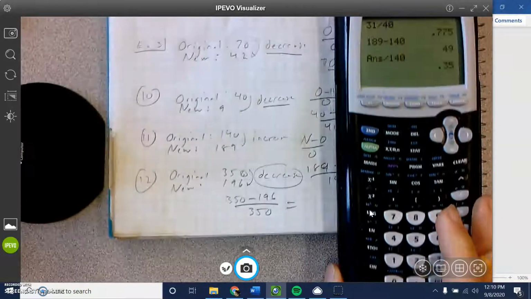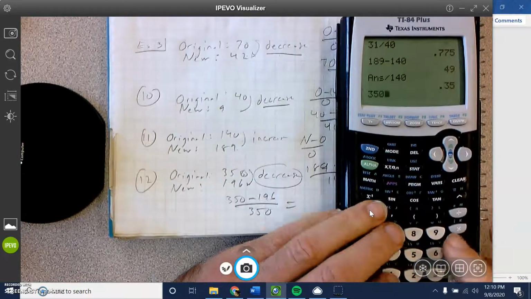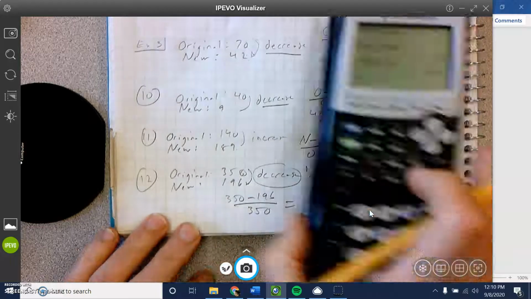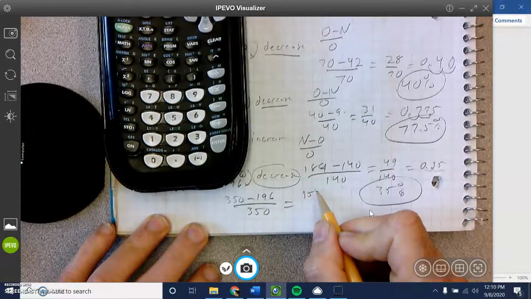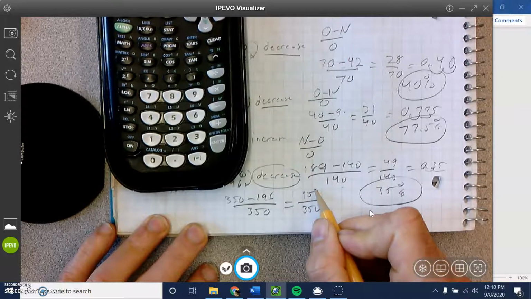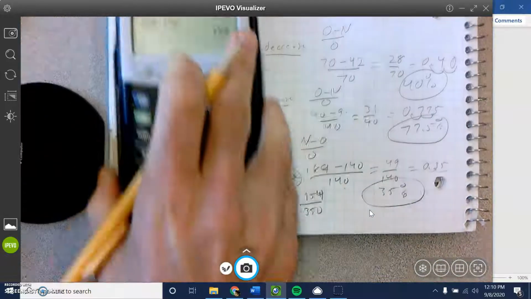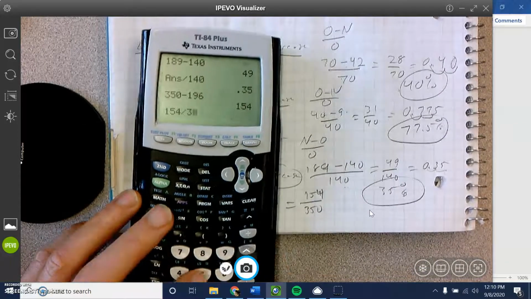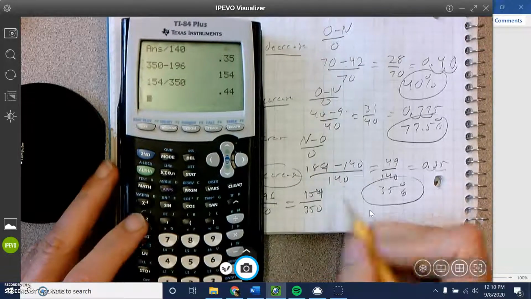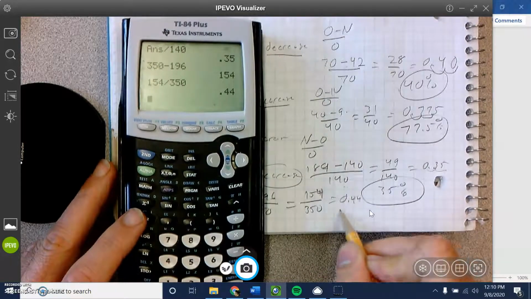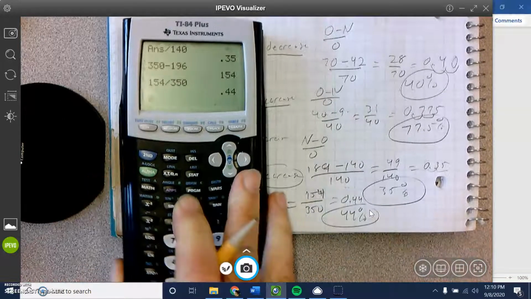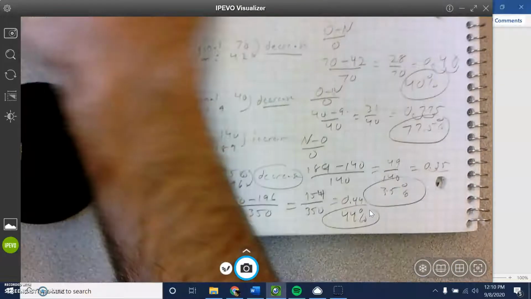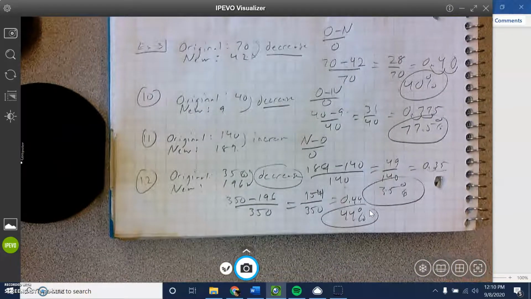So we have 350 minus 196 is 154. Divided by 350. And you get 44 hundredths, which is 44%. There you go. Hopefully you got them all. 77.5%, 35%, and 44%. Cool. All right. Good work, everybody.